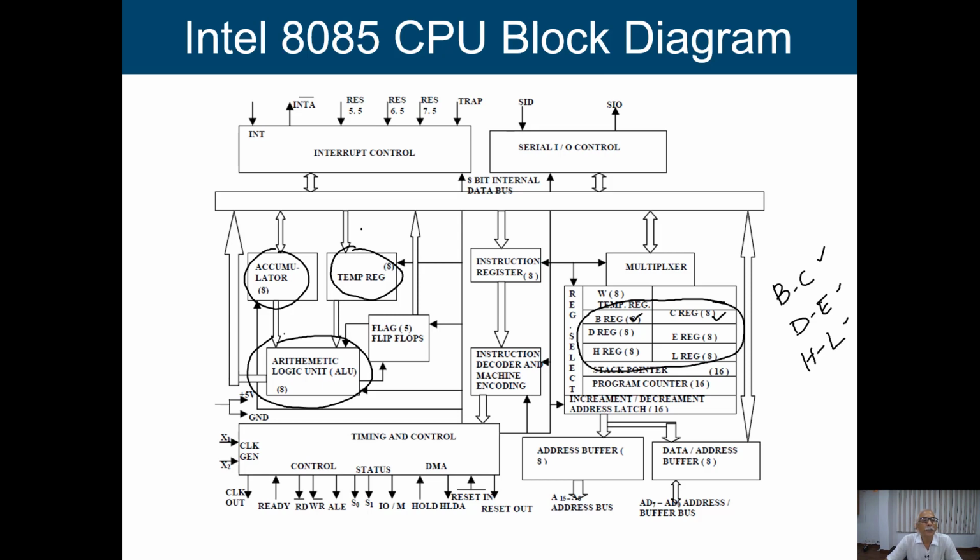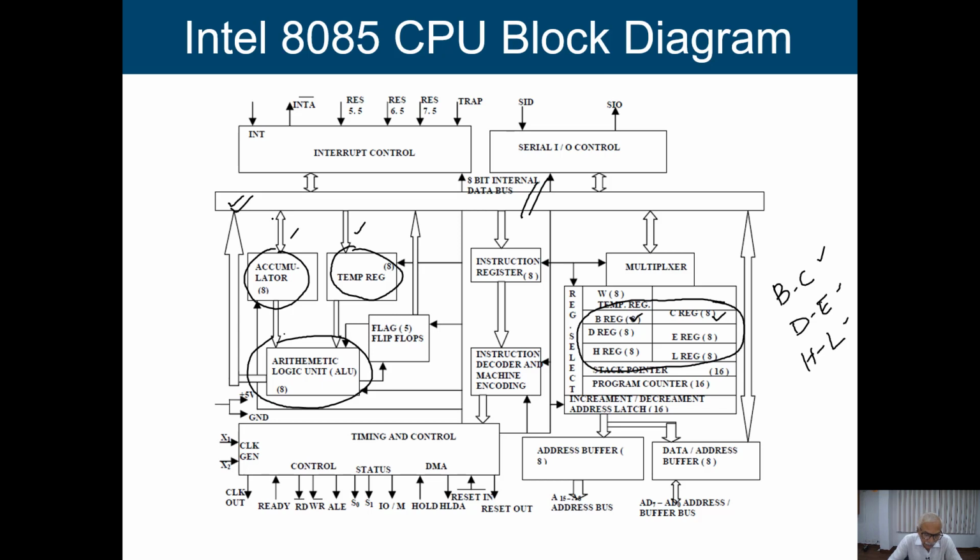One of the operands will always come from the accumulator, and finally the result will be stored in the accumulator. Depending on the operation, the ALU performs it, and the result is put onto the internal CPU bus. This is an 8-bit internal data bus, or internal processor bus.